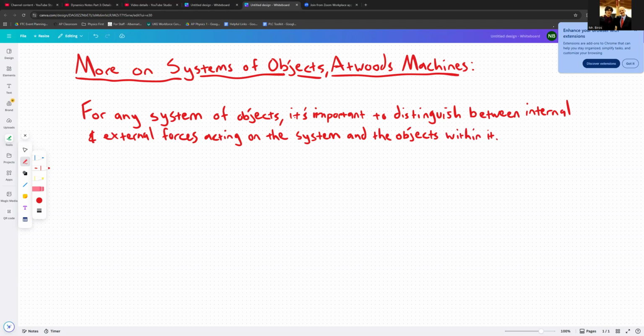Okay, so we're going to go ahead and define those. We're going to say what are internal and external forces. So we'll do that here.